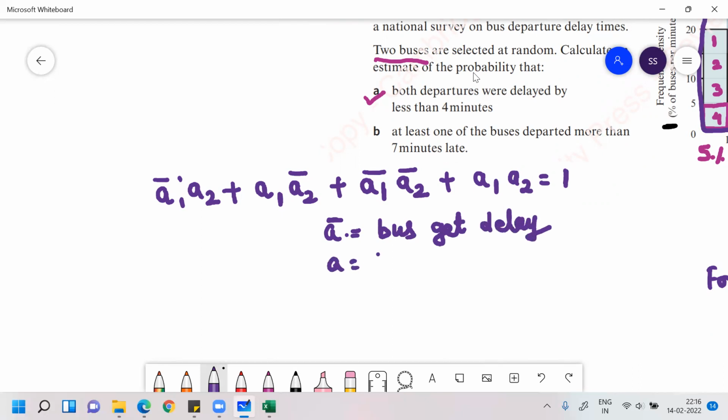Clear, everyone? So if two buses are there, these are the four cases: both delayed, both on time, first on time and second delayed, first delayed and second on time.